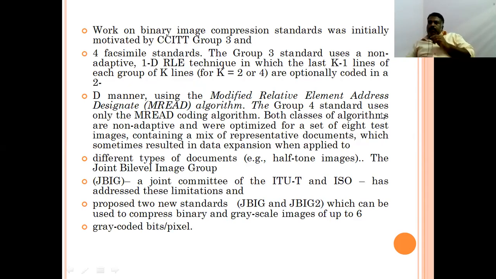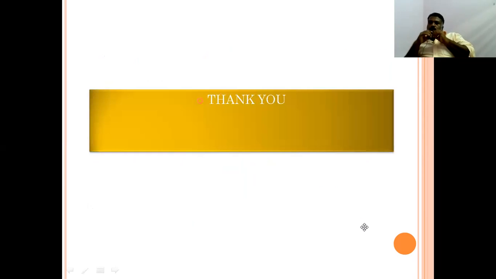Work on binary image compression standards was initially motivated by this. Different types of documents, digital images and image formats have to be represented in a standard format in order to reduce the original size without affecting the quality of the existing image.